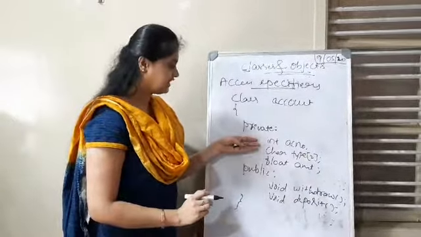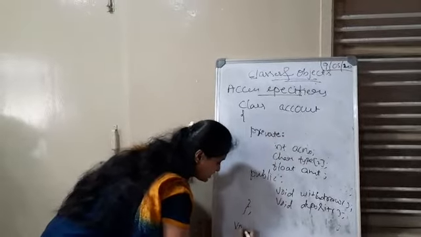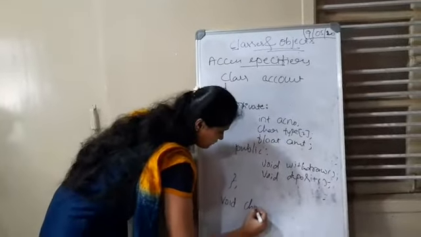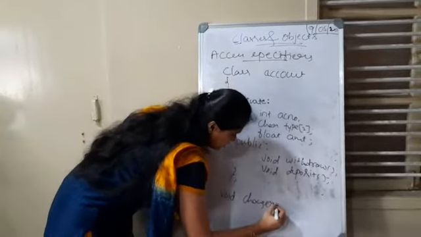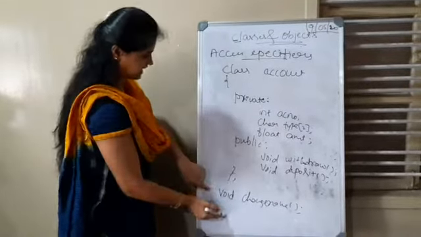But the private data cannot be accessed by any function outside the class. For example, void change name, which I defined outside the account class.